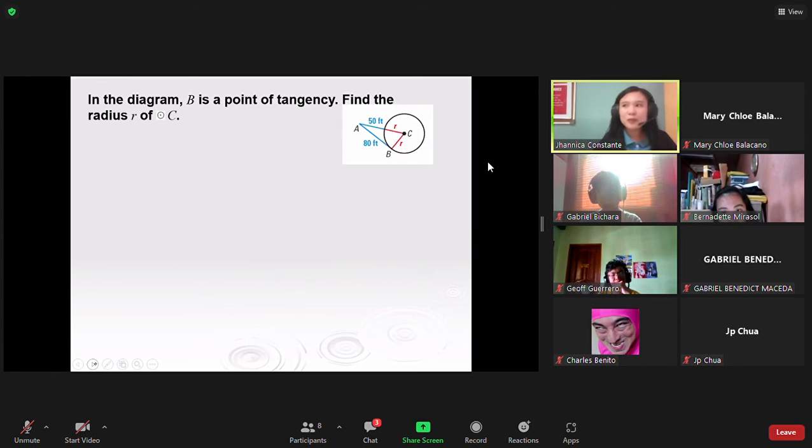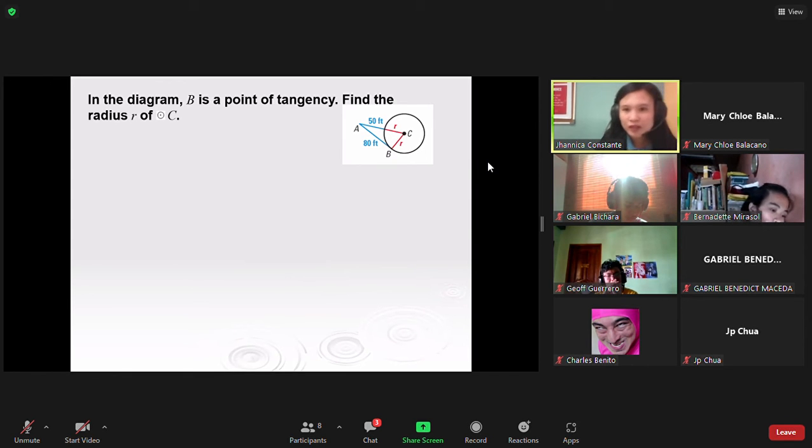For example, we have this circle and we need to find the measurement of the radius. Given that a circle has a triangle, A, B, and C, and a tangent with a measurement of 80 feet, and a segment with a measure of 50 feet. So we need to find the radius of the circle.